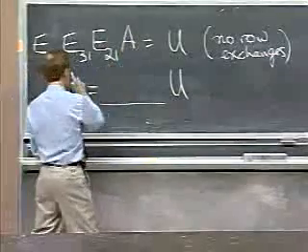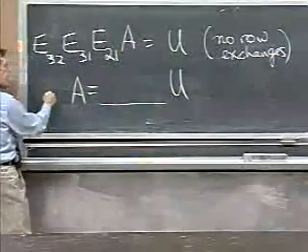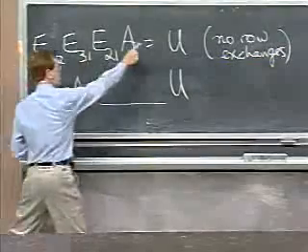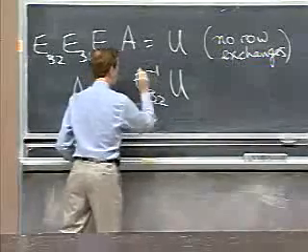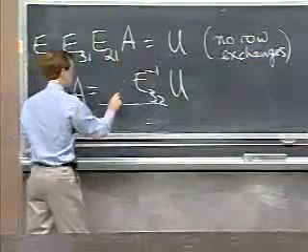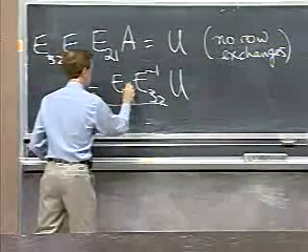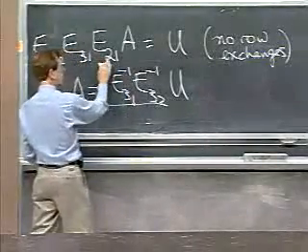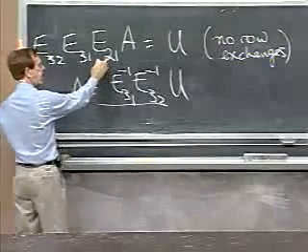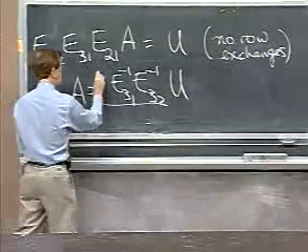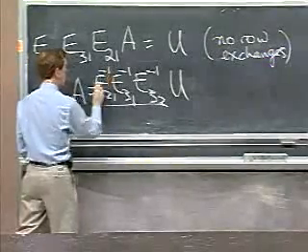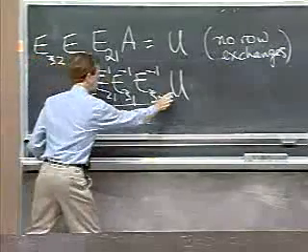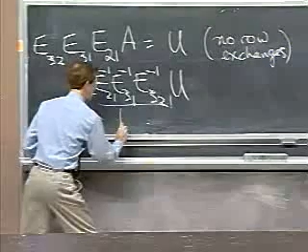E32 inverse, right, because I'll multiply from the left by E32 inverse, and I'll pop it up next to U. And then will come E31 inverse. And then this will be the only guy left standing, and that's gone when I do an E21 inverse. So there is L. That's LU.